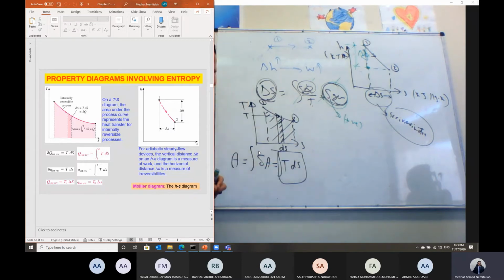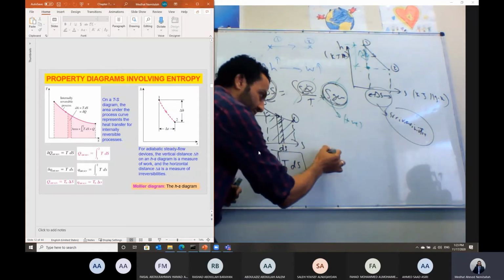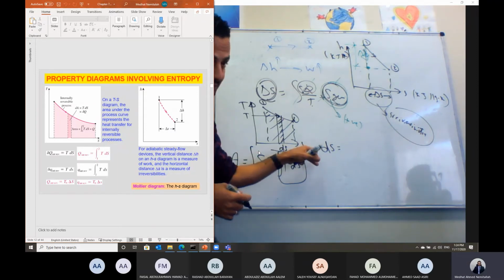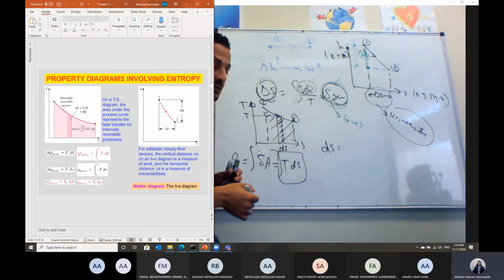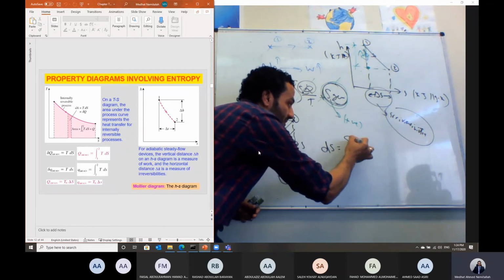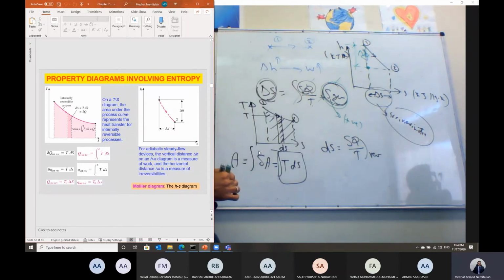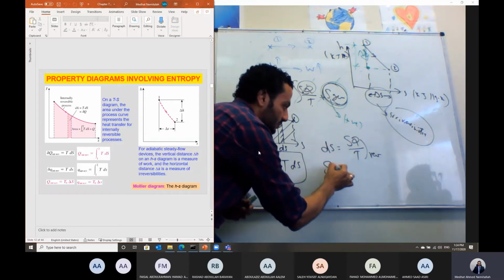The integration of TdS. By definition, we defined the entropy last time based on the Clausius inequality, from which at the end we derived the equality case, when we have a reversible process, where the entropy is defined as delta Q over T for the reversible process. So that means in this case, delta Q will be equal to what?